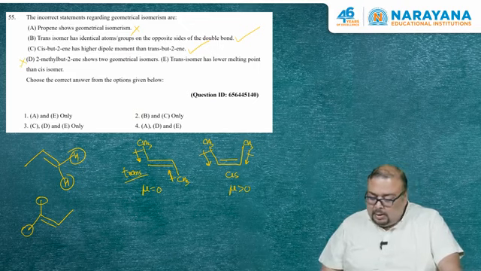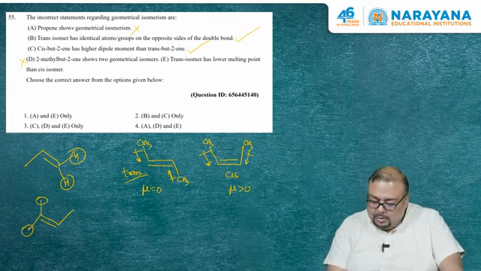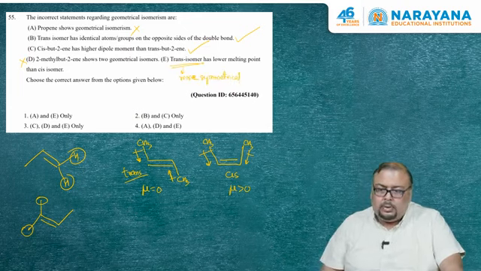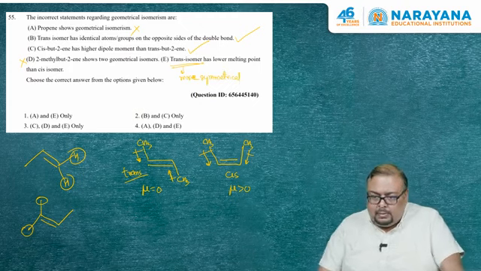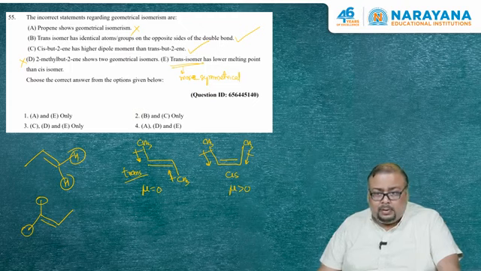Option E: trans isomer has a lower melting point than cis isomer. Now, the trans isomer is more symmetrical, so the packing of the molecules will be more efficient in the case of trans isomers. So the melting point should actually be higher in the trans isomer compared to the cis isomer.